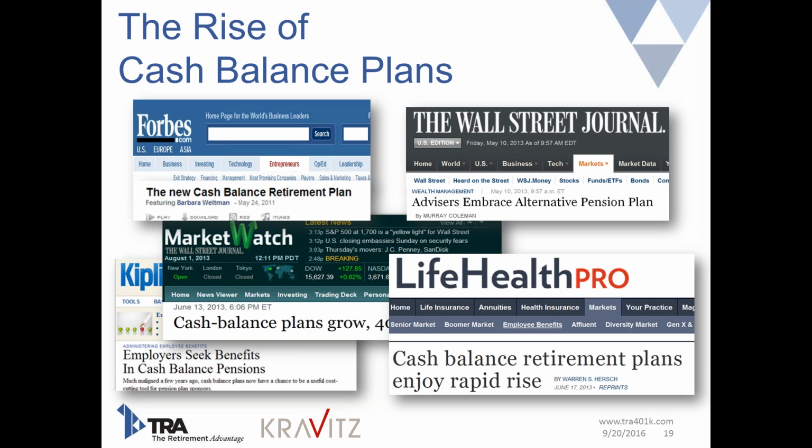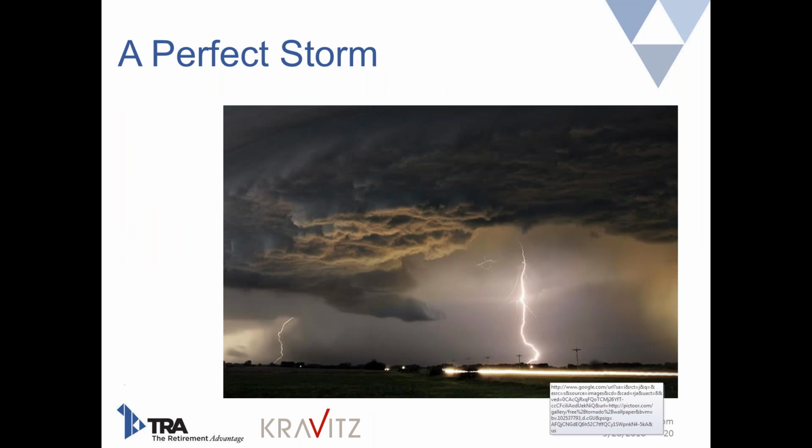We've gone from 1,000 plans to 15,000 plans. There's been a lot more press, a lot more activity, and that has resulted in a lot more awareness, which I think creates a better environment for you as advisors to go out and tell this story. The seeds have been planted, if you will. So I think it's a perfect storm for you to take advantage of cash balance plans.